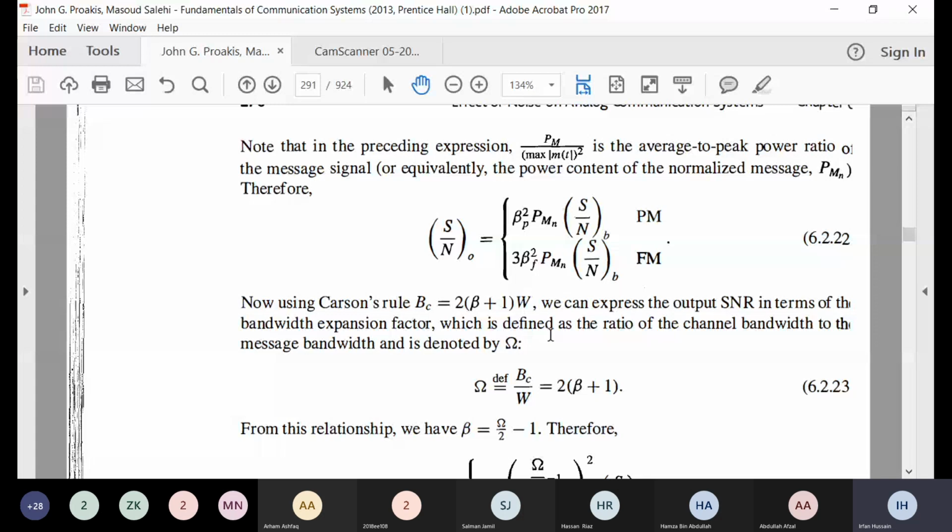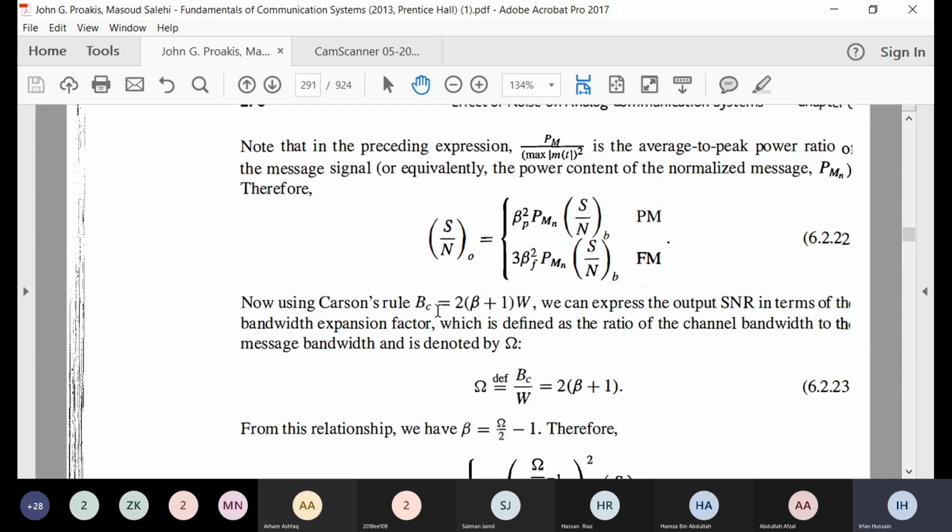Now again we can apply a little bit of manipulation. What is beta? We know that the Carson's bandwidth is 2 beta plus 1 into W, both for PM and FM. So I can write this as BC over W, where BC is the bandwidth of FM or PM, and W is the bandwidth of the message signal.